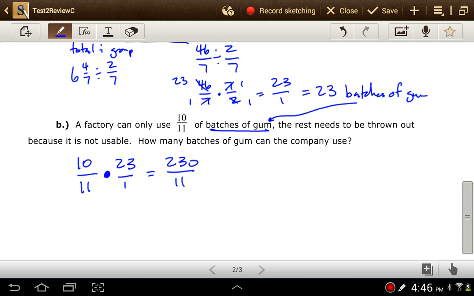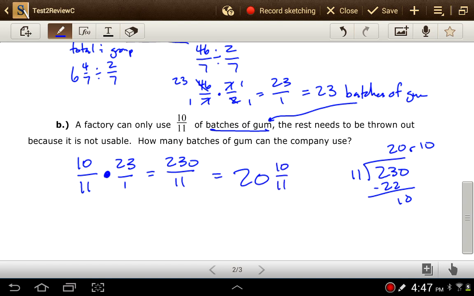Okay? And 11 is going to go into that. Can't do that one in your head. That's okay. Over here, it's going to go into 22 twice. Subtract, I get 10. So that's going to be 0 with a remainder of 10. So your answer is 20 and 10/11 batches that they can use.